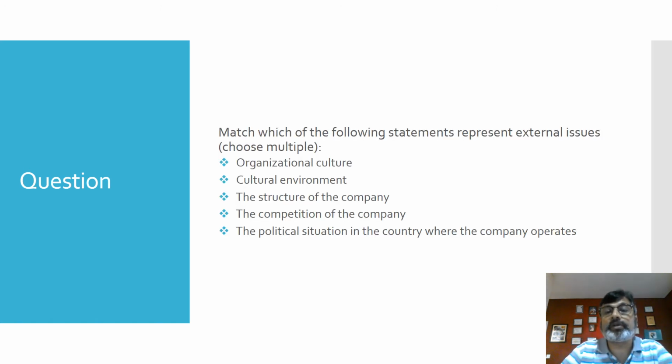Match which of the following statements represent external issues. You can choose multiple. Organizational culture, cultural environment, the structure of the company, competition, the political situation in the country where the company operates. So which ones are external issues, and you have the option to choose multiple of them.